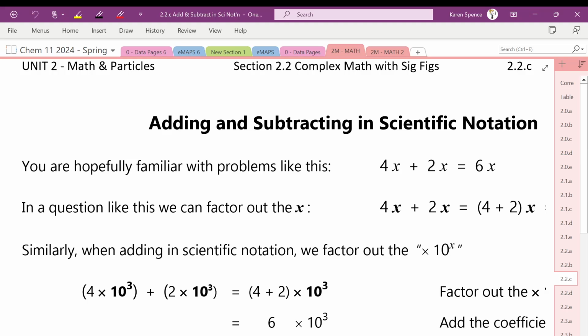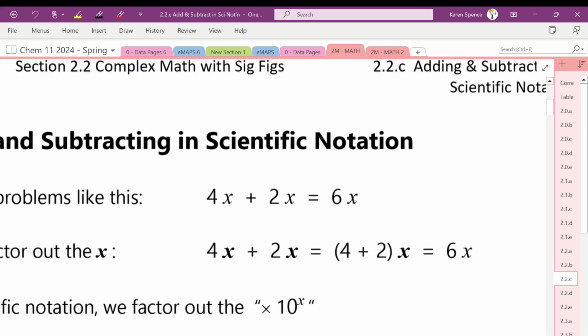Adding and subtracting in scientific notation is not nearly as nice as multiplying and dividing. When you are multiplying and dividing, you can simply use your calculator, okay? When you add and subtract, you have to do some factoring. You have to treat the powers of 10 separately. You have to convert from one power of 10 to a different power of 10. It is much more involved.